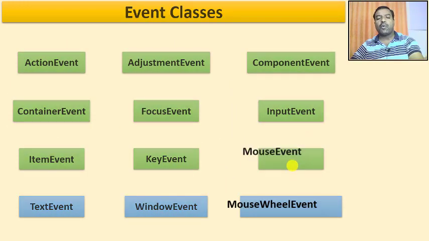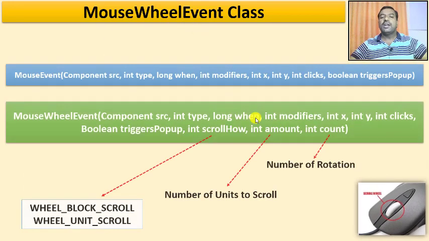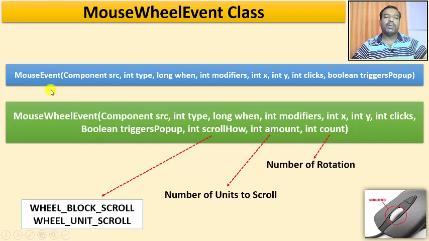Next, the extension of the MouseEvent is the MouseWheelEvent, which is a subclass of MouseEvent. When I use the wheel to move the content up and down, a MouseWheelEvent is generated. This is almost similar to the MouseEvent, but it has an extension with 3 more parameters.